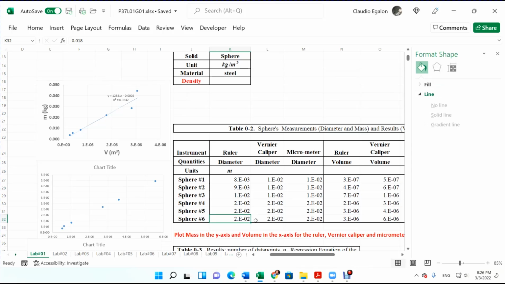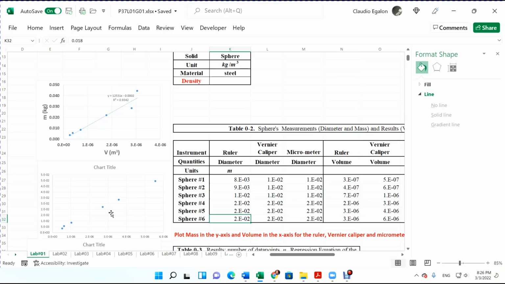Let me see, 0.018, 0.018, let's see. 0.022, see that? Yeah, they did a pretty poor job when they measured the diameter with the ruler. Here is 0.018, 0.022, see that? So they did a pretty poor job when they measured the diameter of this larger sphere with the ruler.